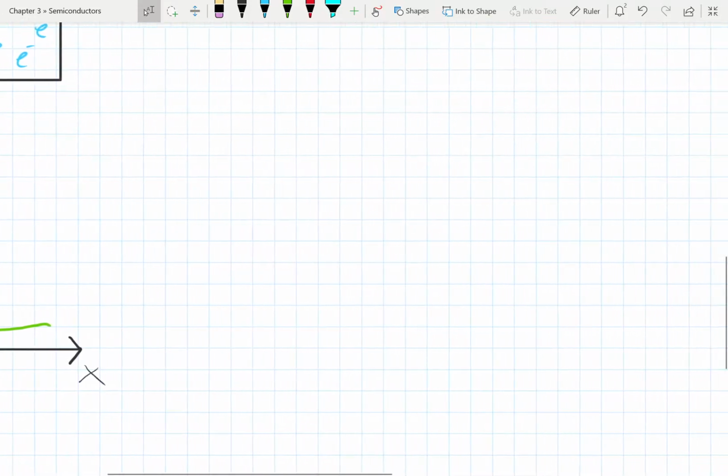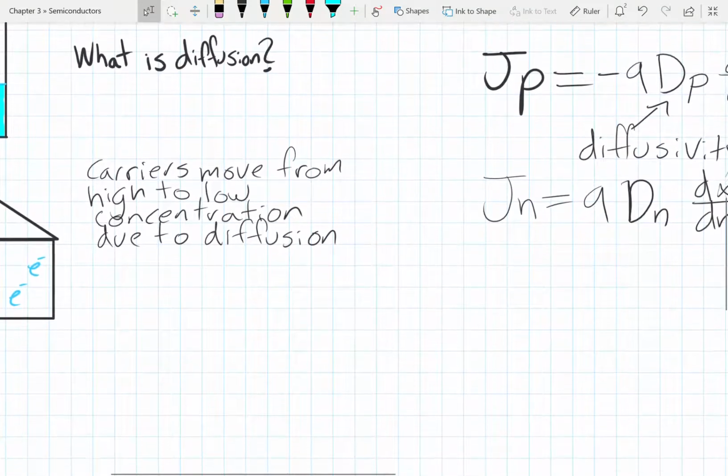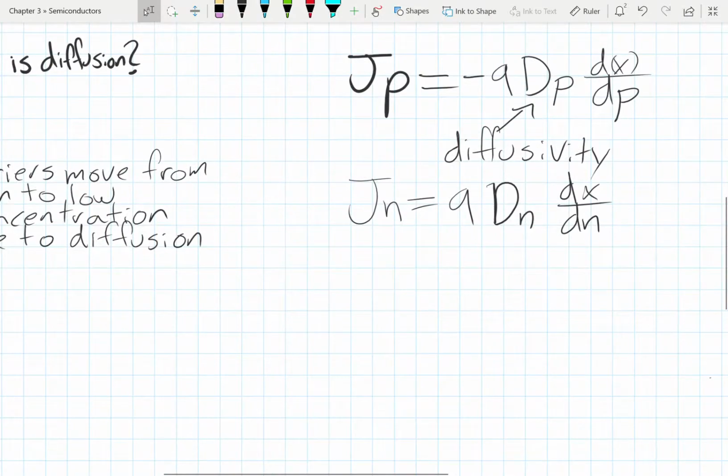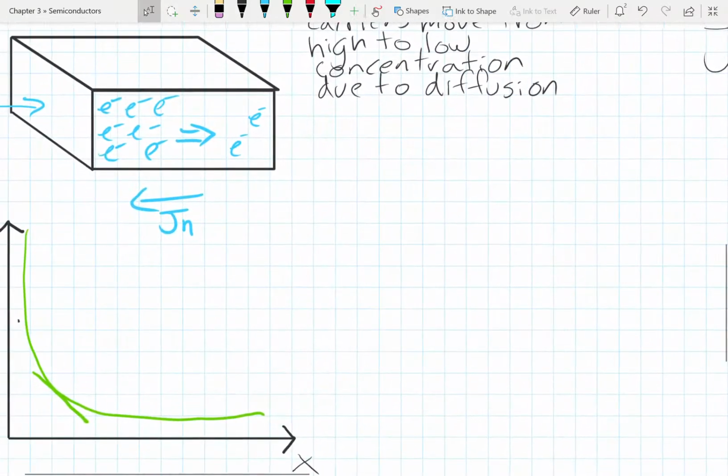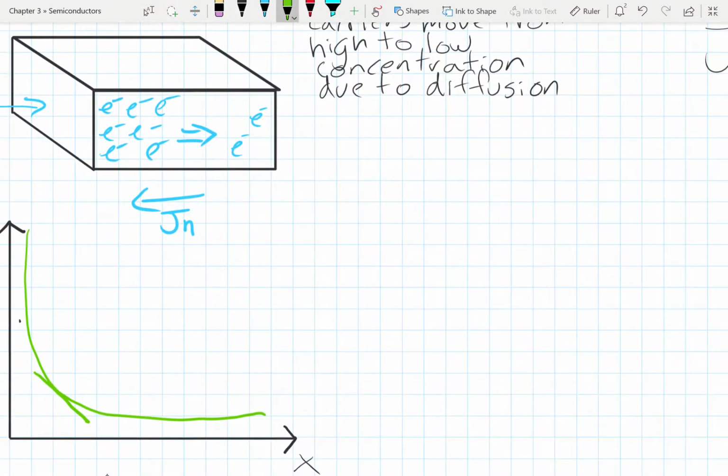If you have a negative slope, that means this whole equation is negative. So even though you have electron diffusion going in this direction, your current is flowing in the opposite direction, just like we said in blue on top there.